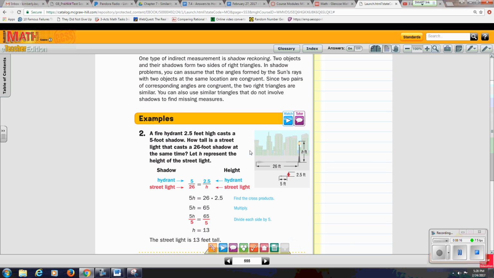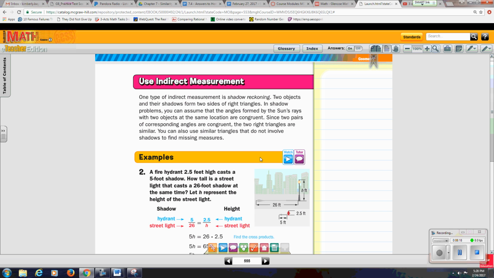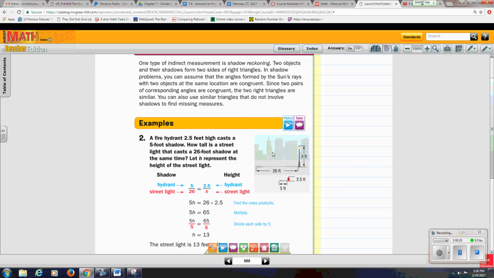And on page 555, we're actually going to be using the indirect measurement. And the reason we talked about the angles first is because that's important. The angle that the sun is shining on two objects at the same time would create right triangles. And the angle of the sun and the 90-degree angle are two equivalent angles. And that's what it talked about right here.